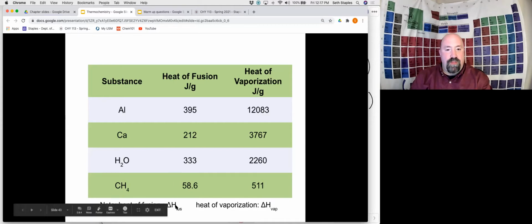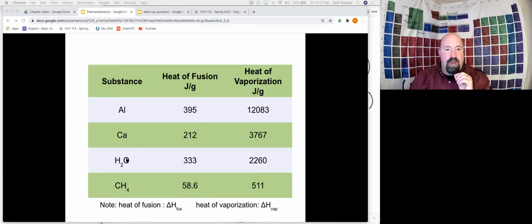And we denote these as delta H, the heat of fusion, the delta H of fusion, versus the heat of vaporization, the delta H of vaporization. We're going to talk about this H in a little bit, but it's another of our indicators for energy. And so this table just shows us some of the general patterns of heats of fusion and heats of vaporization.